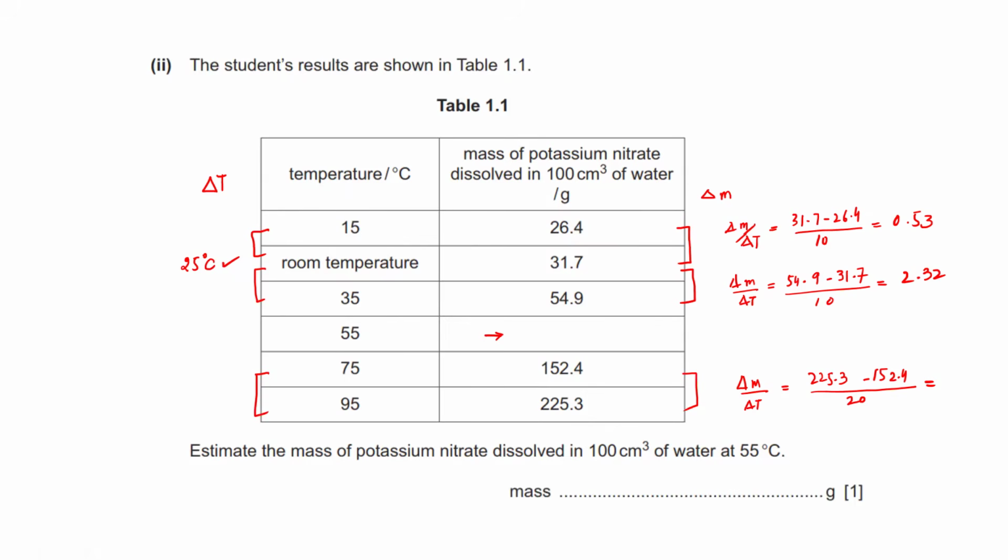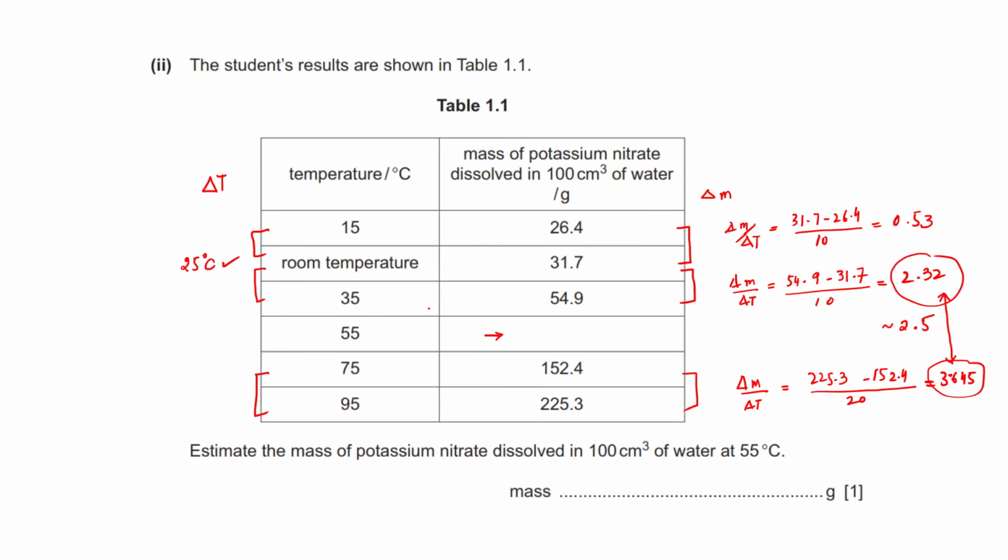And then this value we will calculate: 225.3 minus 152.4 divided by 20. This value comes out to be 3.645. So any value of slope between these values will be a good number. Let's take it around 2.5 approximately. So 2.5 is a good value.